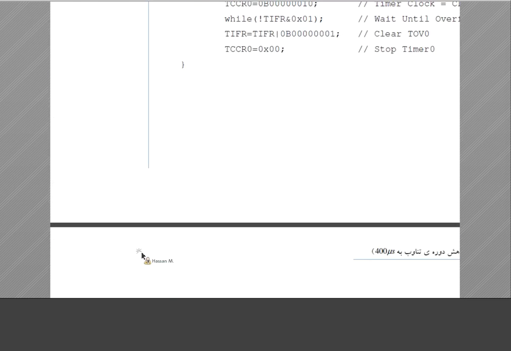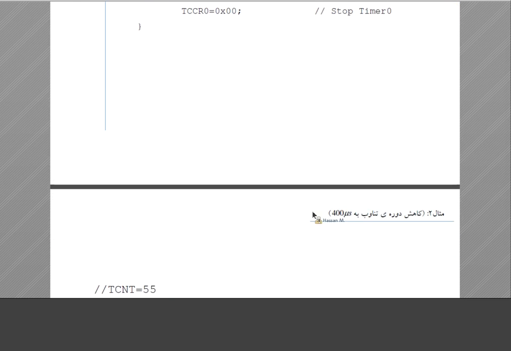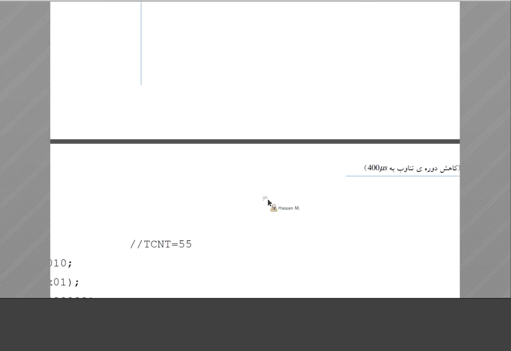Here each of the low and high times is 200 microseconds.